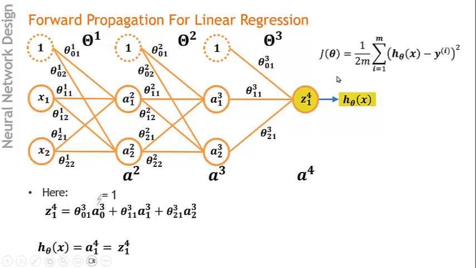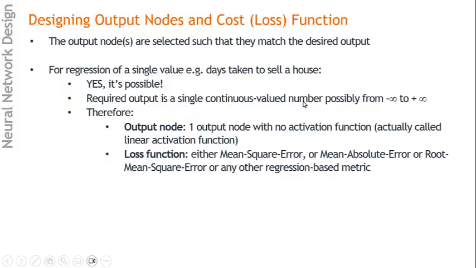And we take as our cost function just the same cost function we had before. The h is now just going to be the final output. So just to summarize, with linear regression or prediction, you're going to take one output node, if you're predicting one quantity, with no activation function, and you can use mean squared error or some other similar loss function.